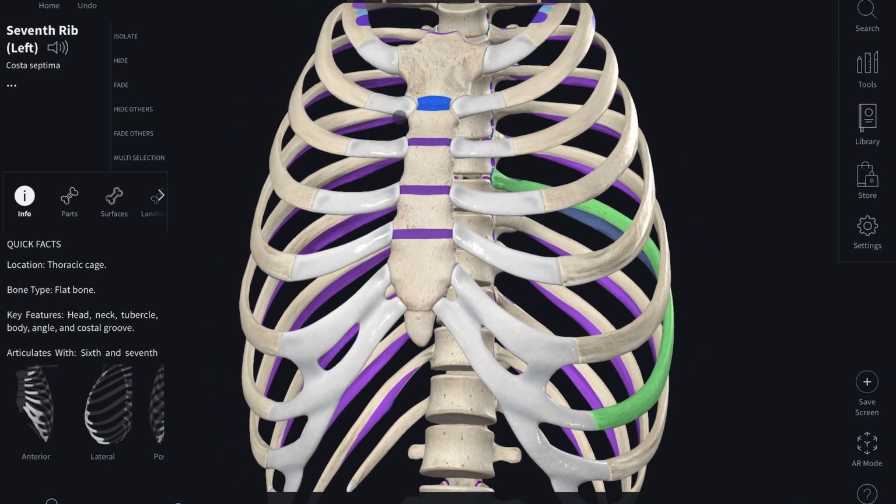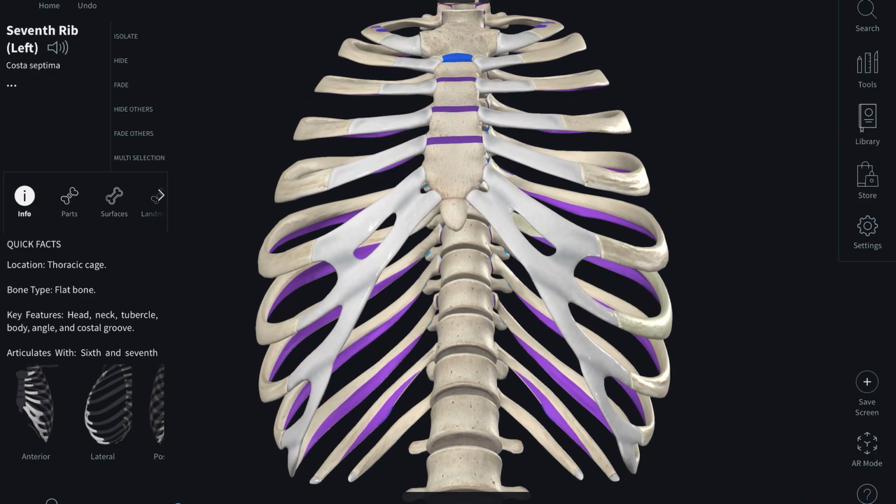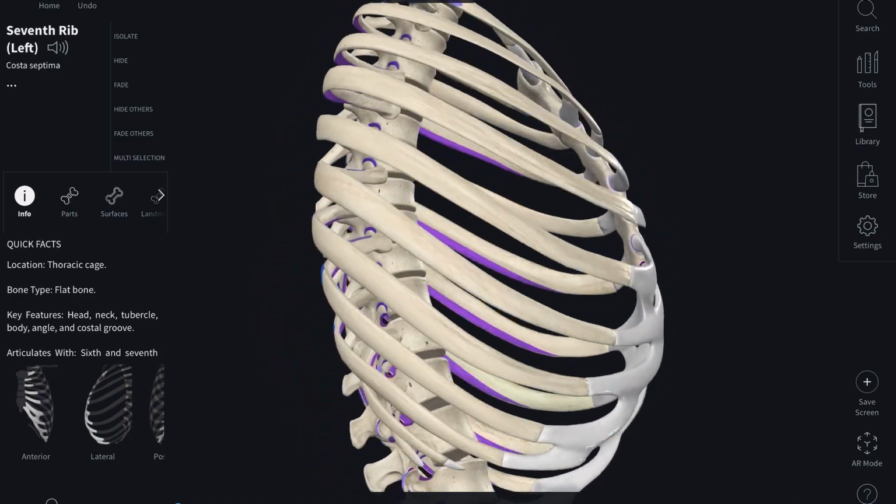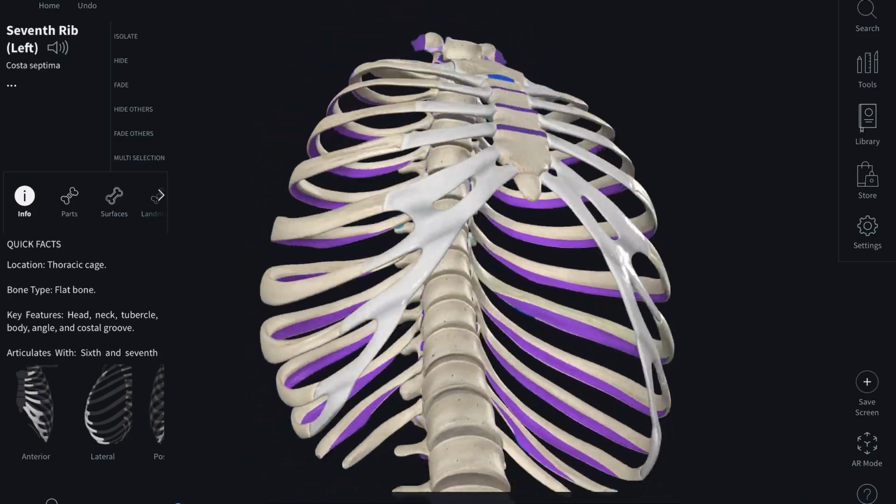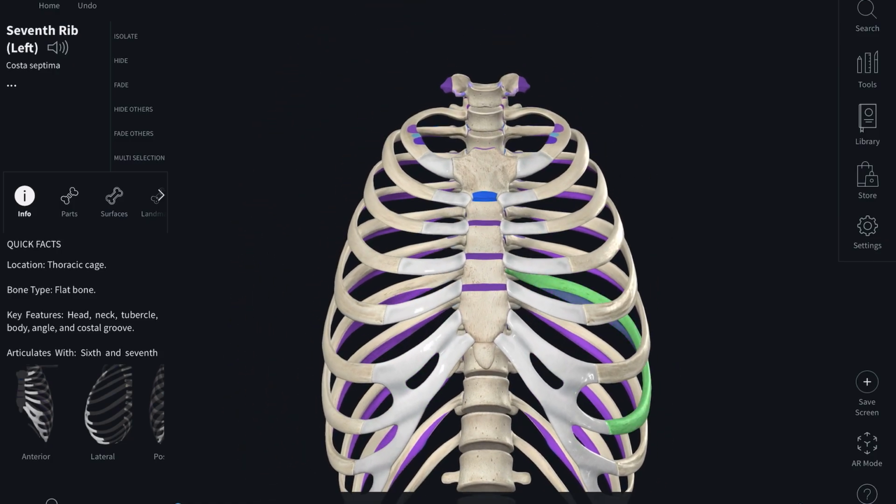So you can remember that by "all positions take money," if that helps. But this is again where the doctor puts their stethoscope to listen to those valves working in your heart.